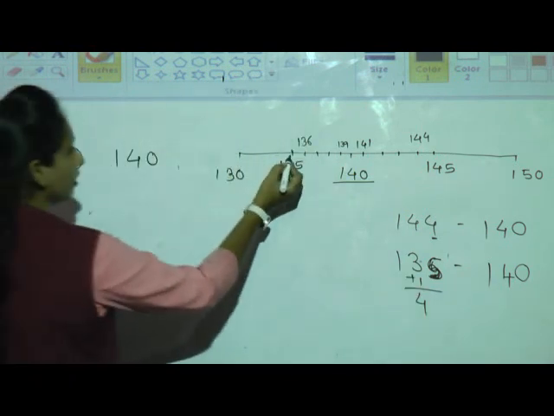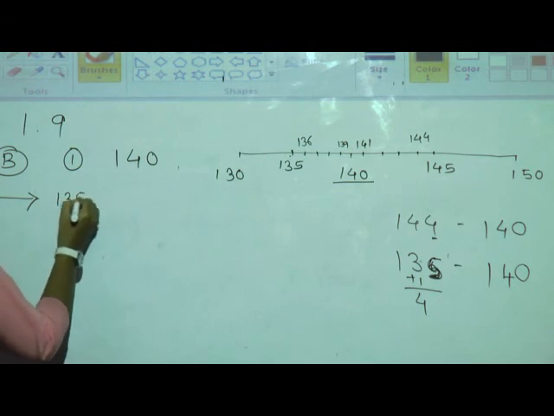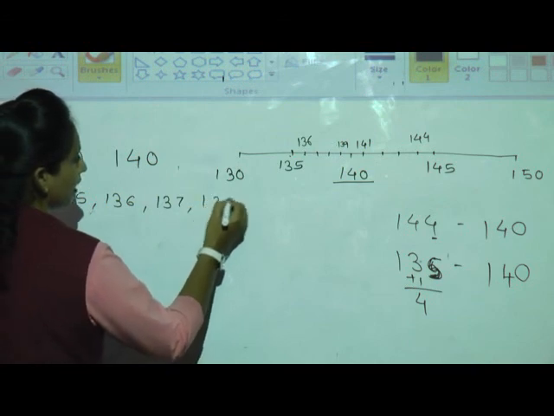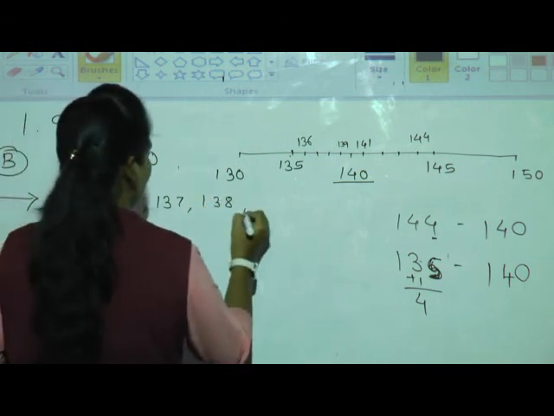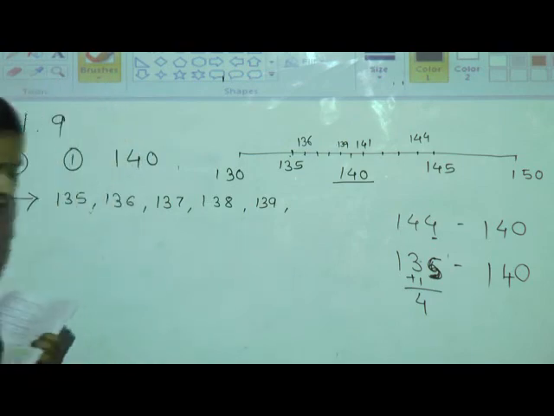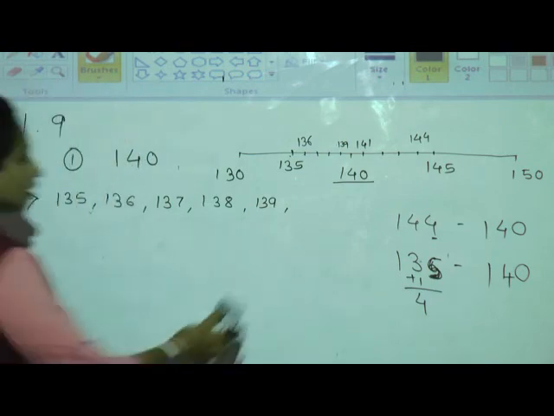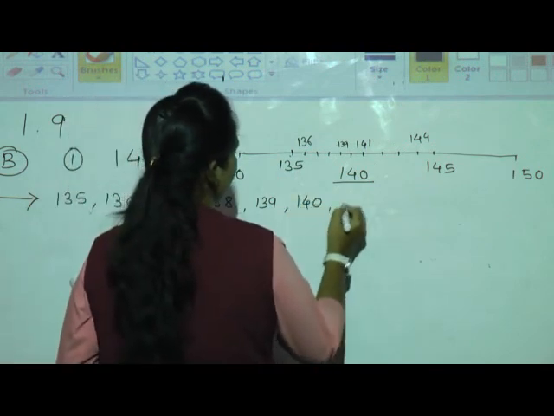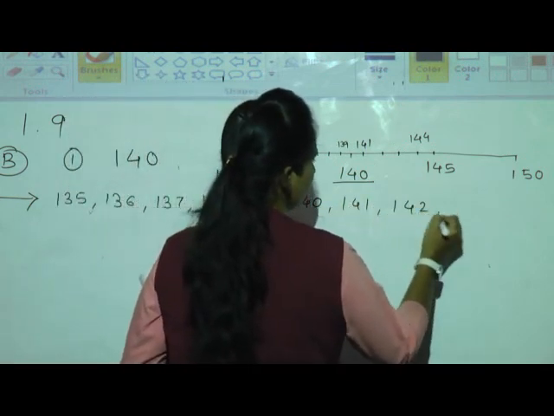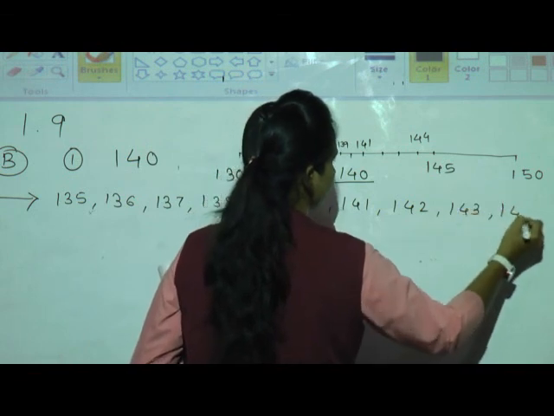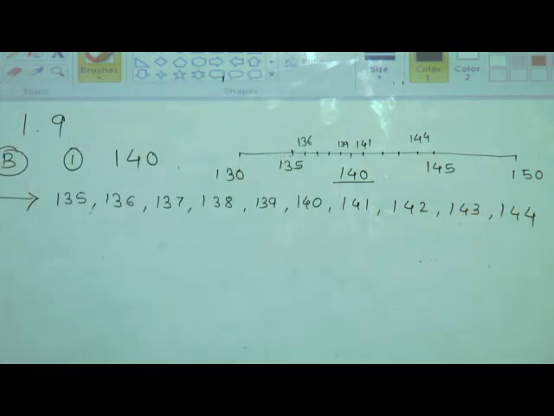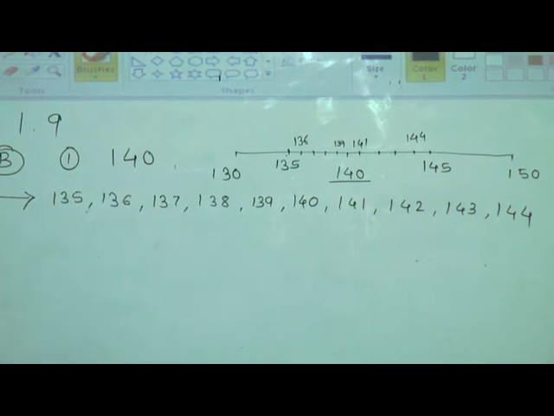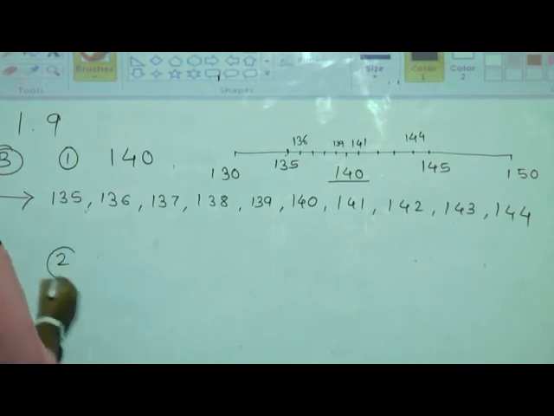So from 135, you can list all the numbers: 135, 136, 137, 138, 139, 140, 141, 142, 143, 144. These numbers can be rounded to 140.